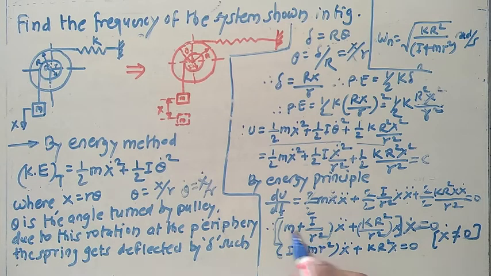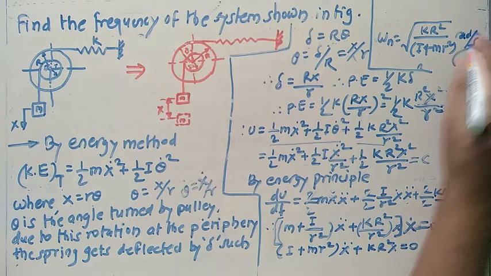So r square multiplied by this m will come here, plus I will remain as it is. If I multiply by this r square here, this r square term gets cancelled. Whatever part remains here, k into R square into x equals 0. Simply equate this equation with the SHM equation. So directly we can get omega n.